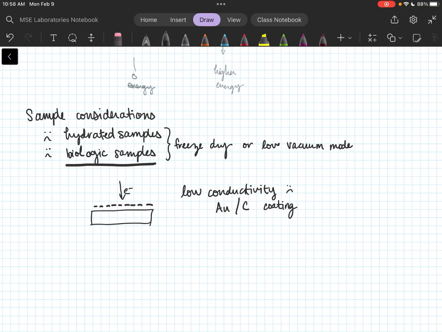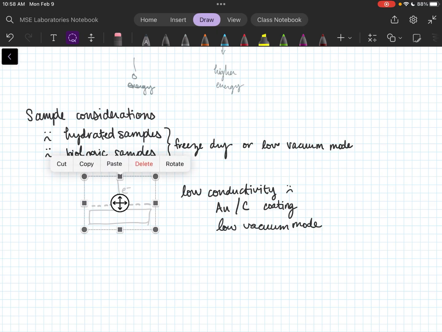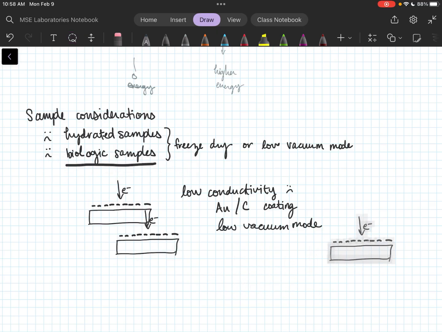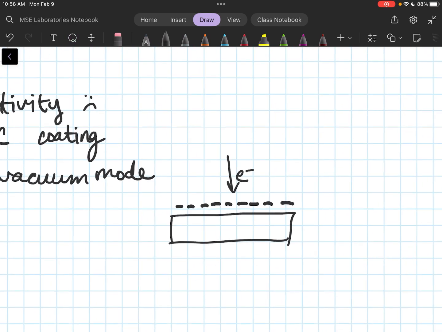You can also, funnily enough, use low vacuum mode. Which sounds a little weird, but basically in low vacuum mode, I have random O2 molecules floating around, and they come down, they pick up extra electrons, become slightly negative O2, and then carry that over to, let's say, the wall, made out of stainless steel or whatever, and it deposits the electron into whatever grounded source is around, and then it just becomes O2 again.